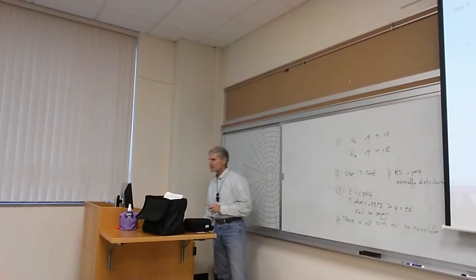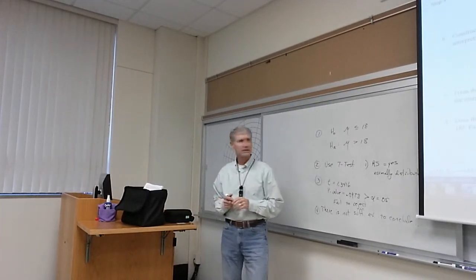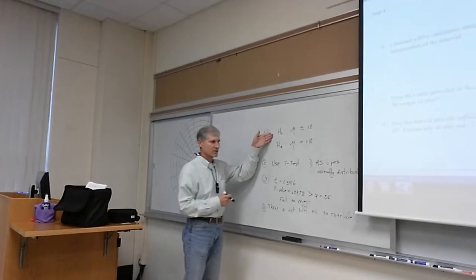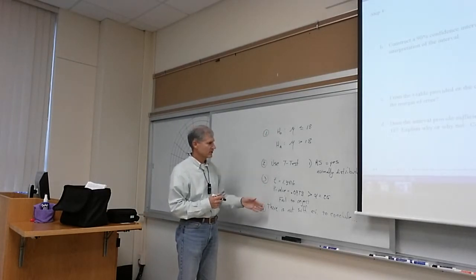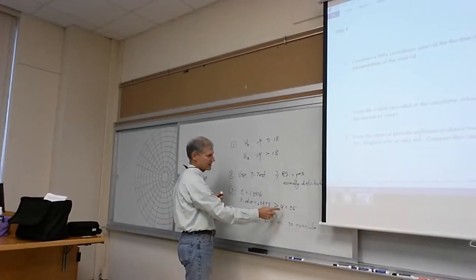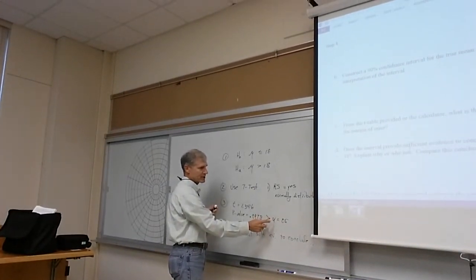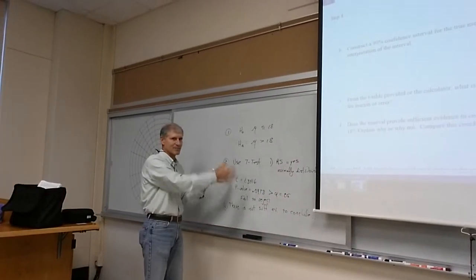Okay, part B is construct a 90% confidence interval for the true mean of all boxes. So, what are you going to use? T-interval this time, not T-test. And 90% because this is a one-tailed test, and 90% puts alpha equal 0.05 on each tail, so I wanted to get it to match up right.